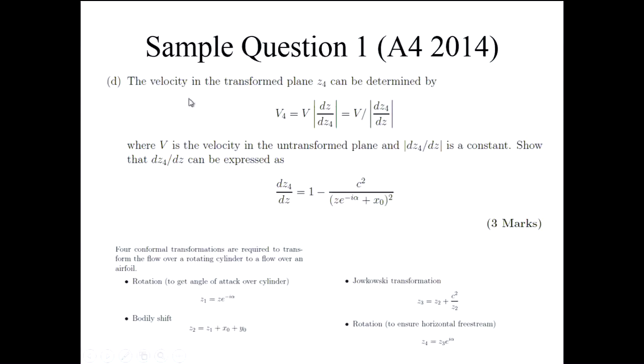So we have the velocity in the transformed plane given by this equation, and the question is, we can show that dz4 upon dz can be expressed as this one. And just to help you a little bit, all these 4 steps of transformation we need are actually given in the exam paper, so you don't have to worry too much about it, okay?